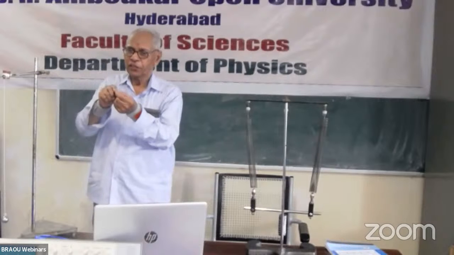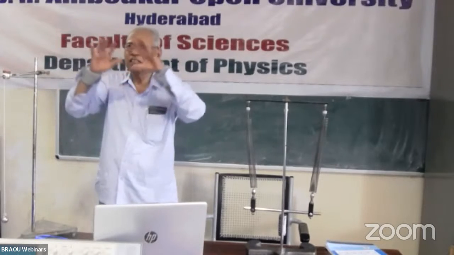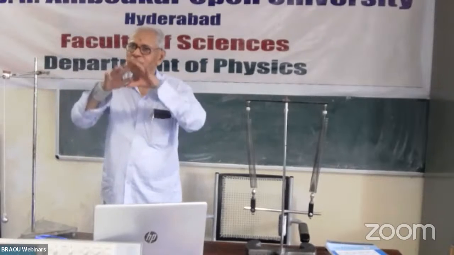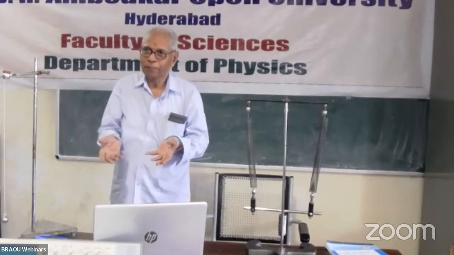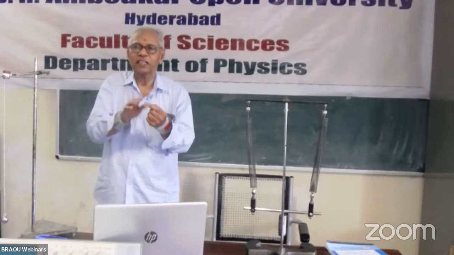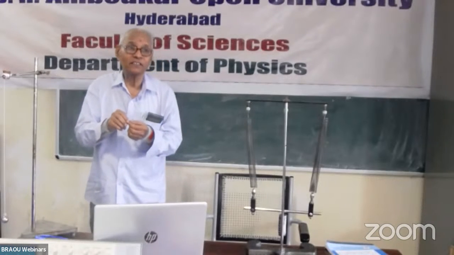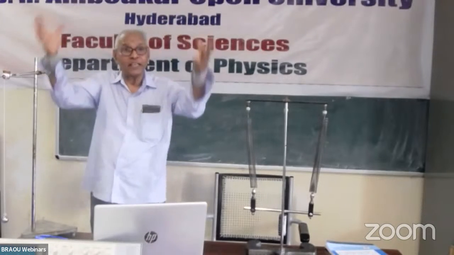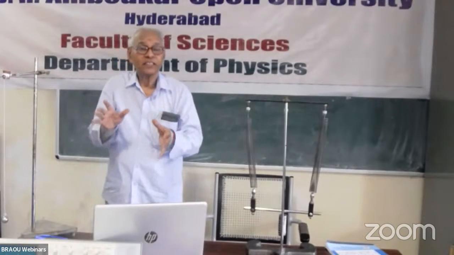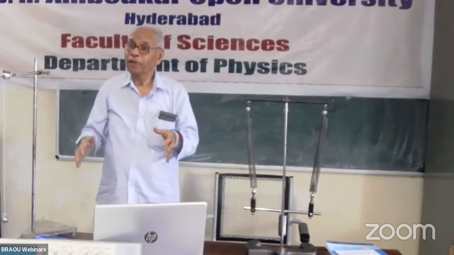Around a point, if you construct a sphere, it's called solid angle. The solid angle is 4 pi. Around a point in one plane, if you construct a circle, it is called 2 pi. 2 pi is 360 degrees. Around a point in a three-dimensional way, that is a sphere. What is the angle? 4 pi.